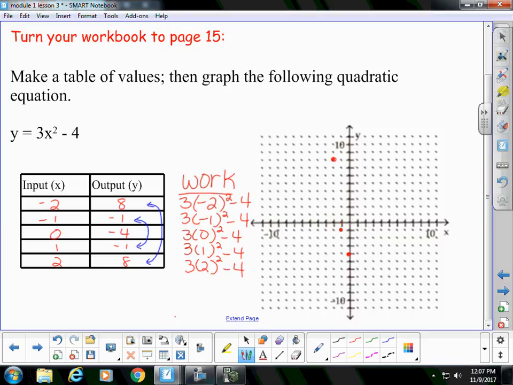And now the next 2 points are going to be at the same level as the other 2 points, but on the opposite side of the vertex. So +1, -1, and 2, and +8. And there I get my U shape. Okay, and that's what we learned about yesterday.